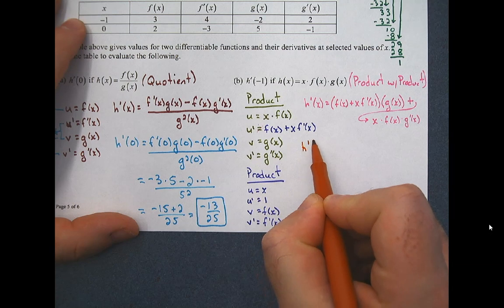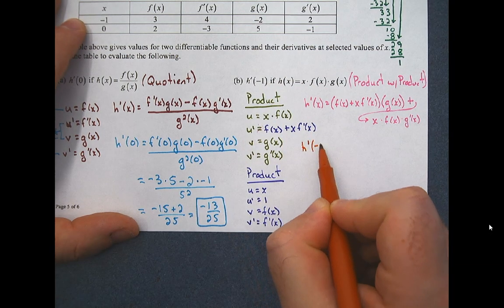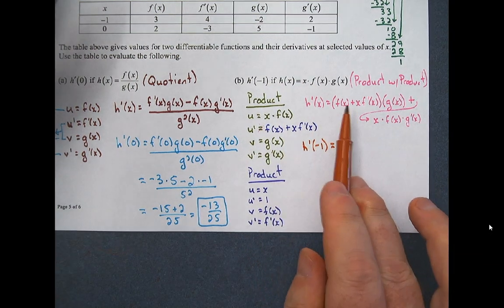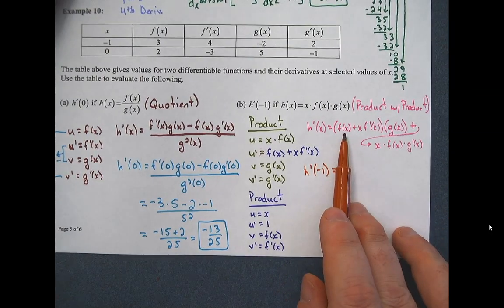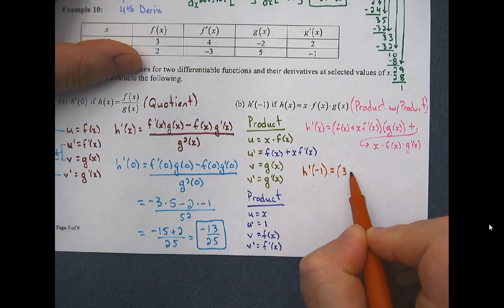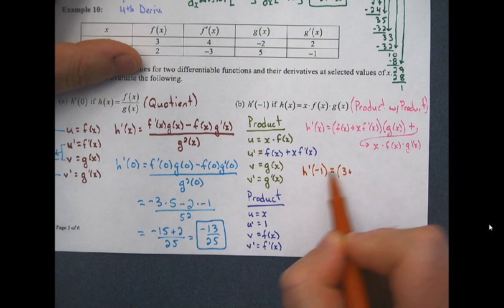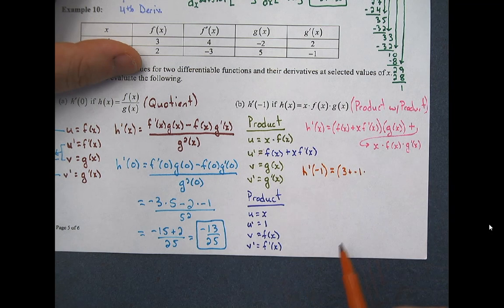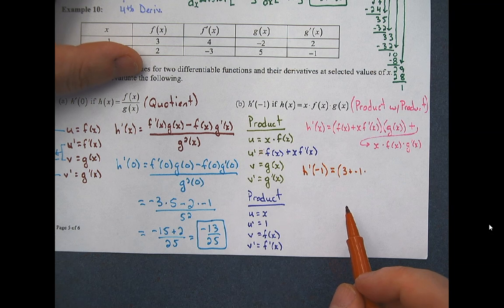H prime of -1. Now this time I'm just going to start plugging and chugging. So I need f of -1, which would be 3, plus what's x? -1, times, my gosh, I'm not going to have enough room again.